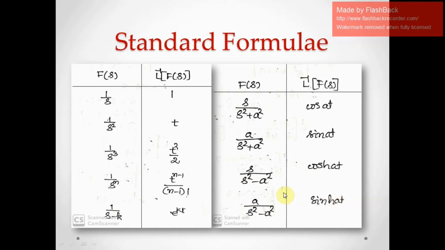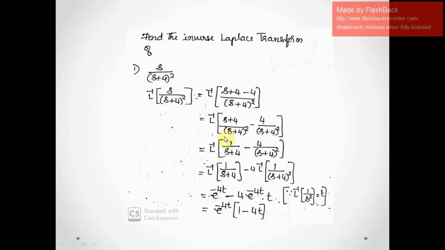With these formulas, we'll proceed to solve a few problems. The first problem: find the inverse Laplace transform of s by s plus 4 whole square. That is to find the L inverse of s by s plus 4 whole square. We'll go back and check if any formula is applicable.